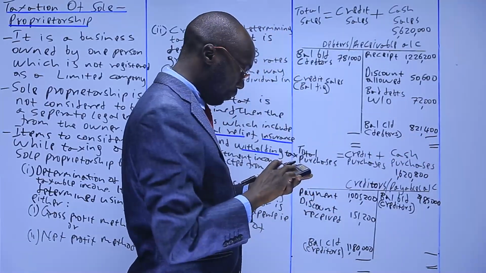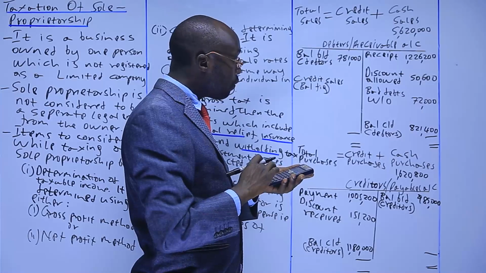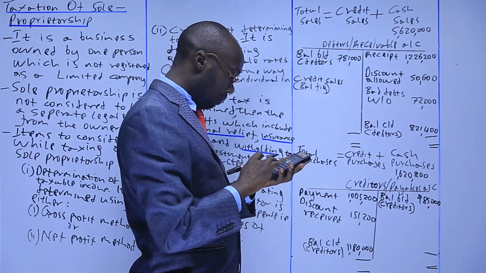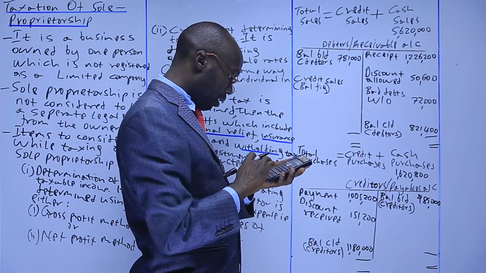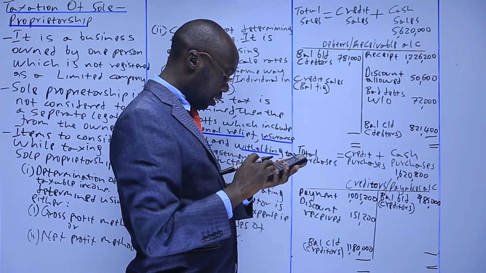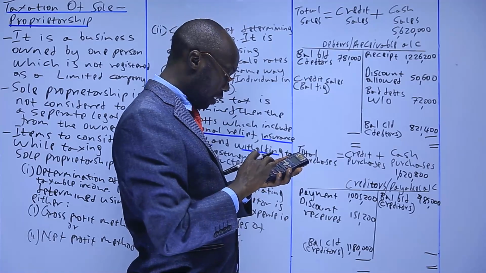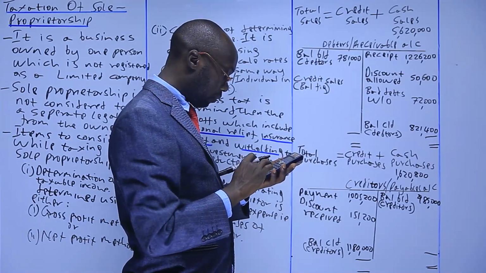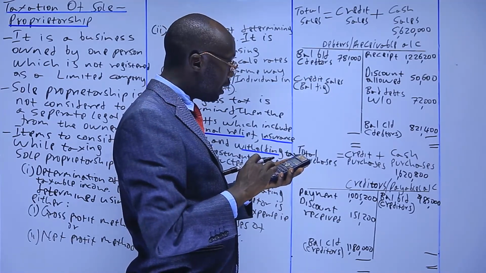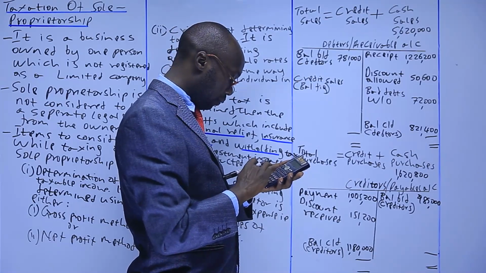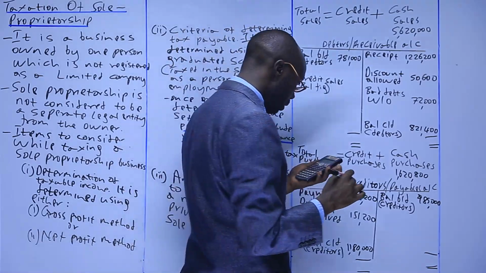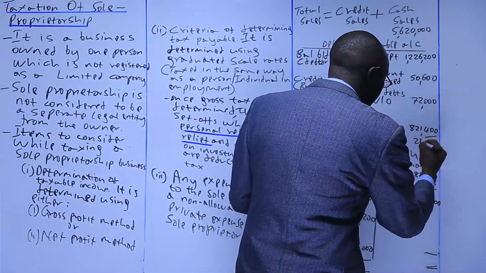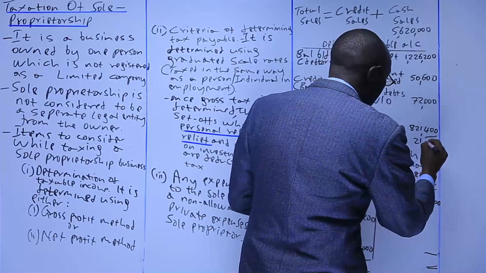We have 1,226,200, and then we add 5,600, and then we add 72,000, and then we add 821,400, which we get 2,117,200.